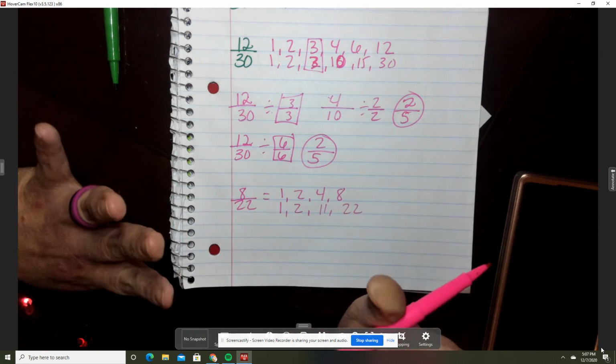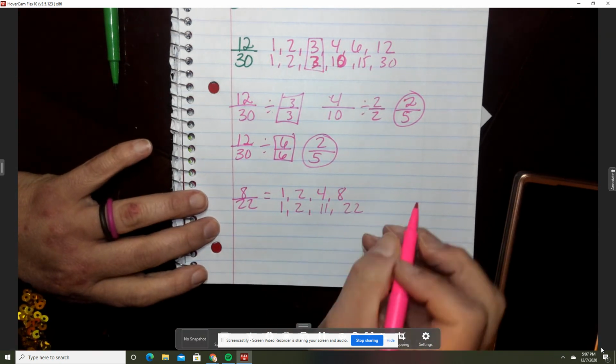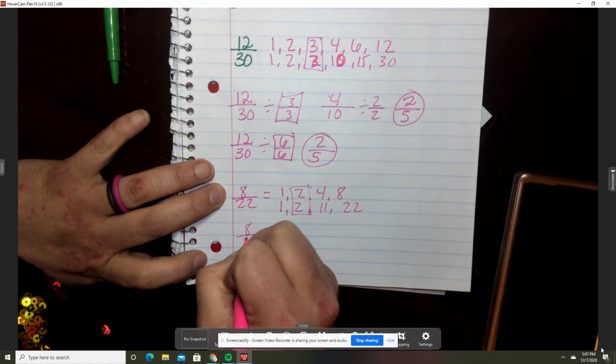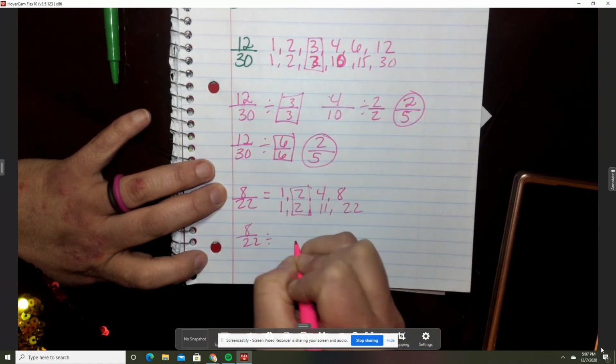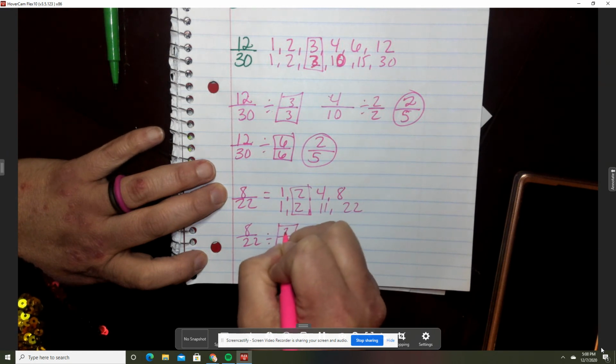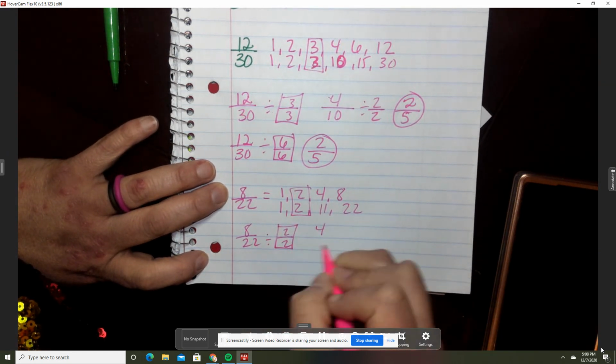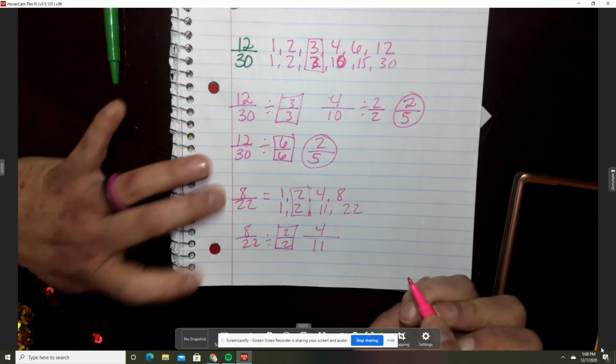I believe I have all the factors this time. All right, so it looks like 2 is our biggest one. So if we divide 8 and 22 with our magical box by 2, 8 divided by 2 is 4. 22 divided by 2 is 11.